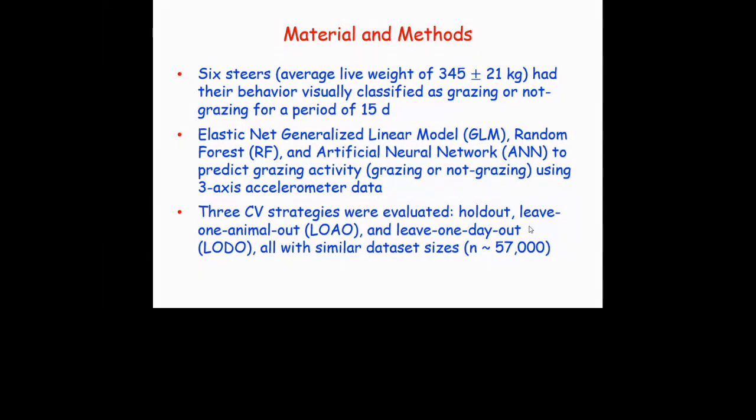Quite often people do cross-validation just by randomly splitting the data into training and testing, but quite often you overestimate the prediction ability, because when you develop a tool and then apply it to animals in a different farm or new animals, the quality of prediction is not that good. So what we did here was to use leave one animal out or leave one farm out, to see how the prediction quality changed.